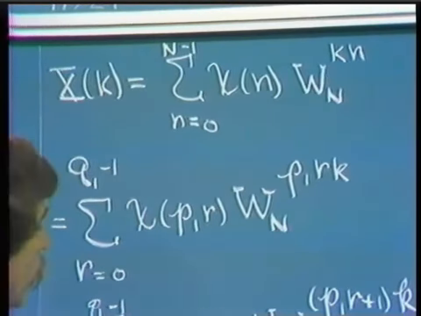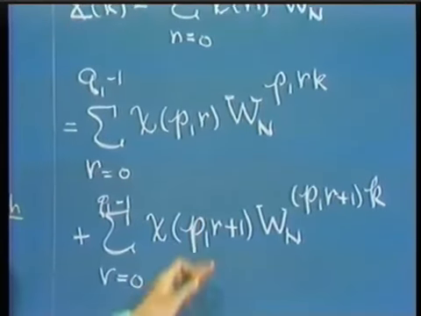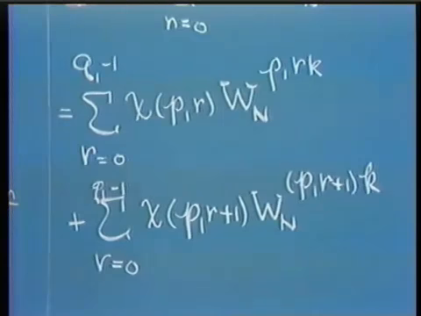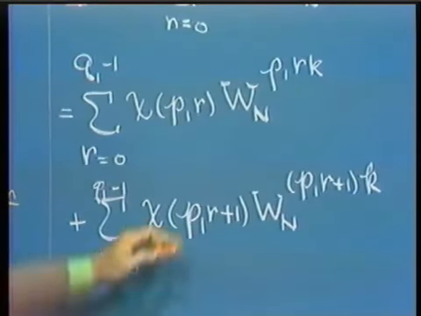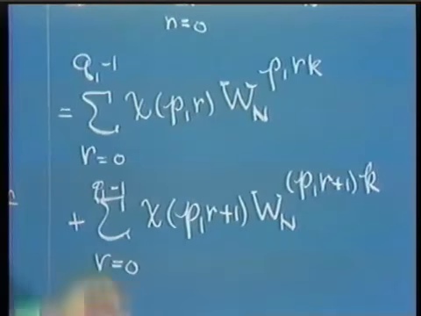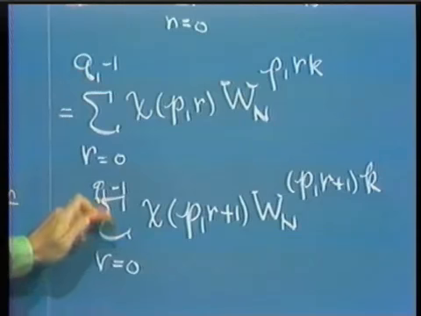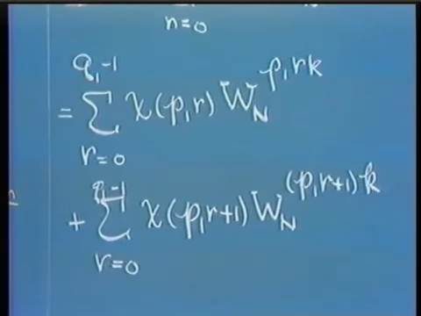If we think of the argument p1r plus 1, as r runs from 0 to q1 minus 1, we're then collecting together the terms which are every p1th point starting with the first point, etc. We can proceed to decompose this into a set of p1 sub-sums, as I've indicated here.